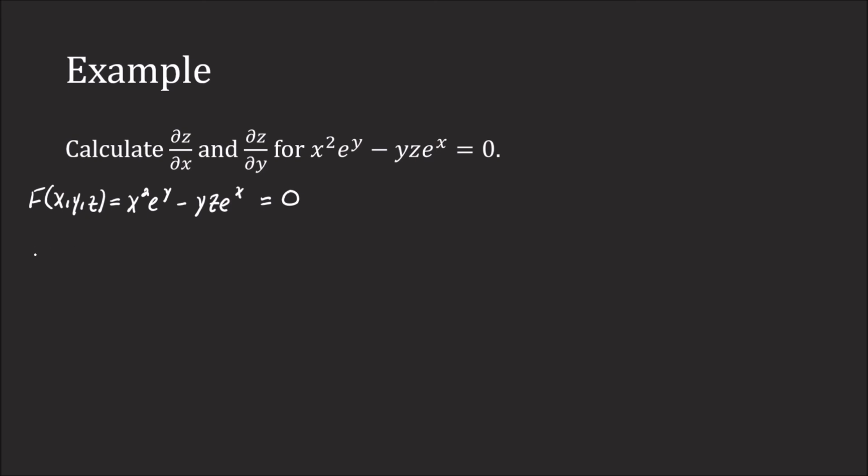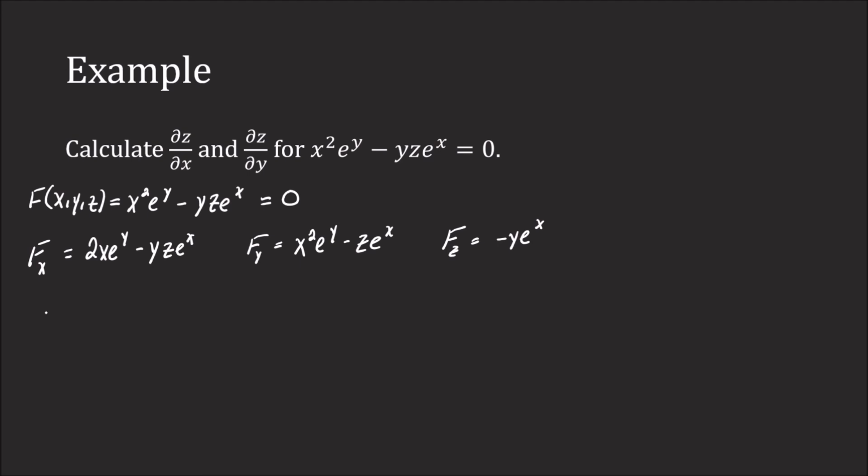So let's just find all the partials. f sub x would be 2x e to the y minus yz e to the x. f sub y would be x squared e to the y minus z e to the x. And finally, f sub z would equal negative y e to the x.